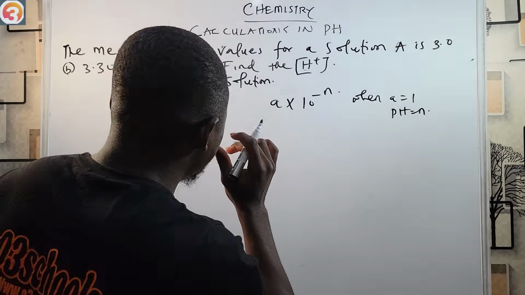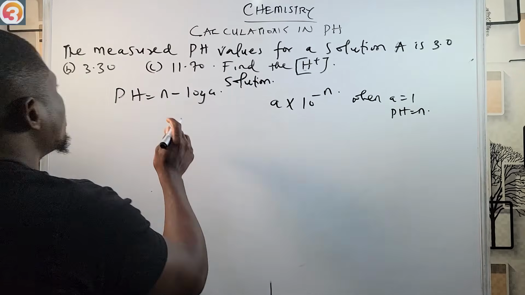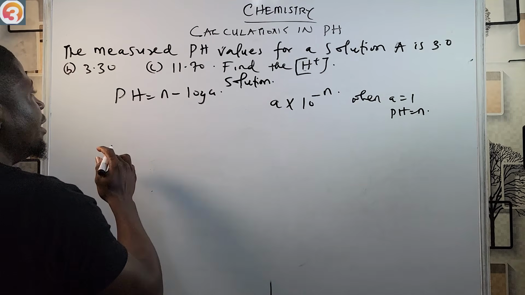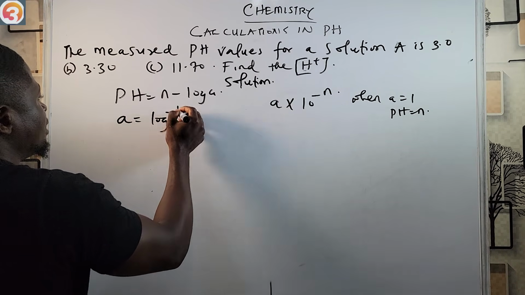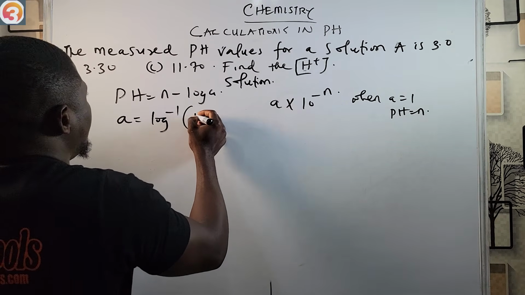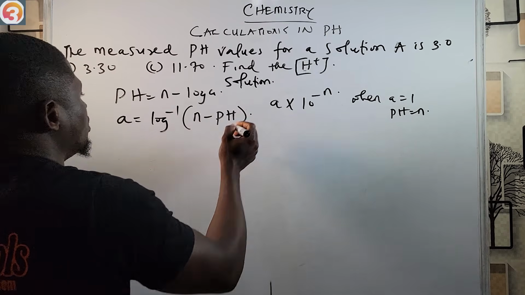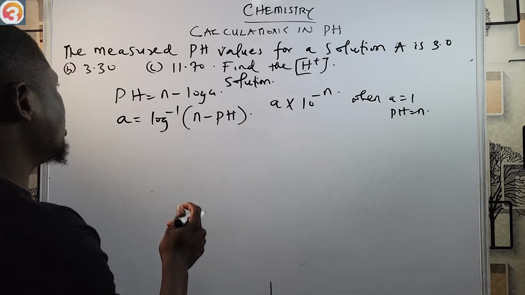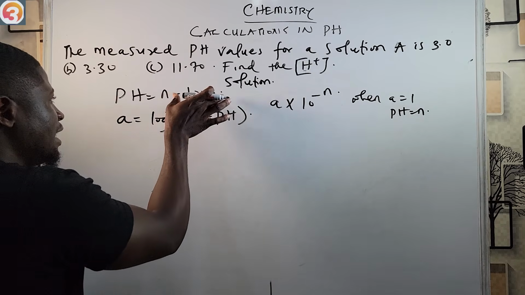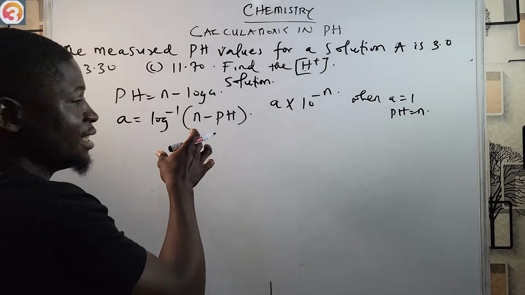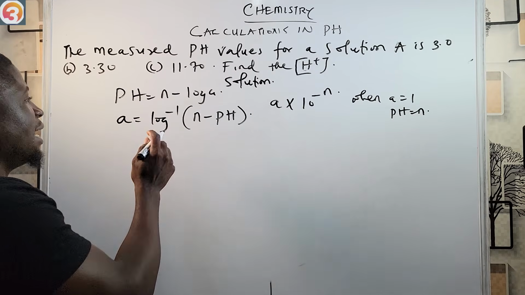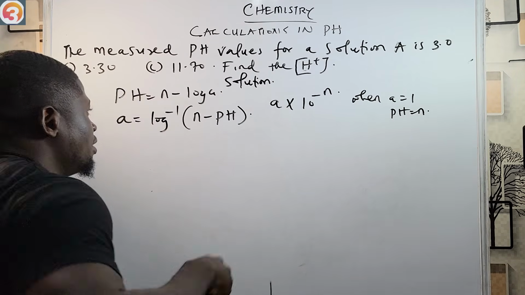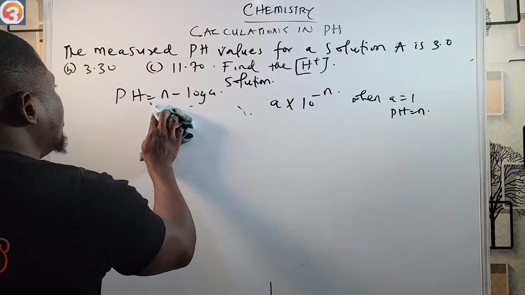All right, so now let's quickly head to that. We can find a equals log inverse of n minus pH. Just note this, because the inverse of log is what makes us able to know the value of a. Let me write it out so that you understand.